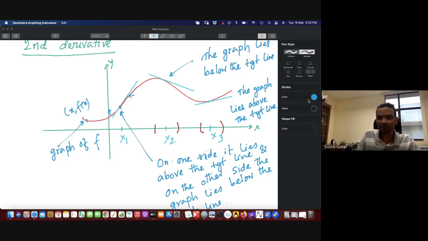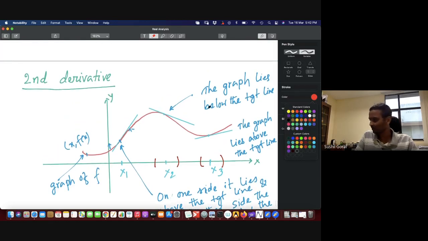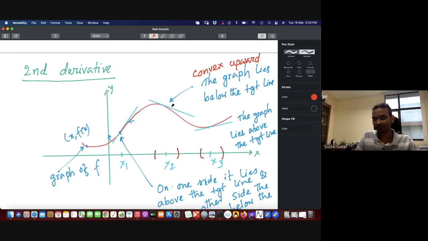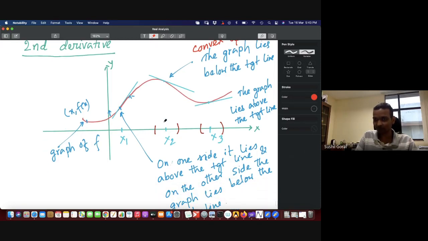So we are going to define three notions here. This is called convex upward, having the graph above the tangent line in a neighborhood.